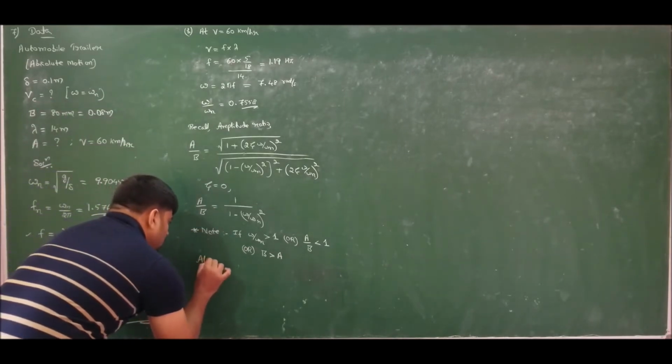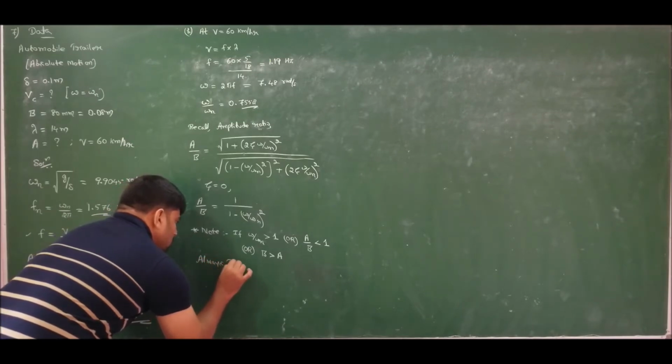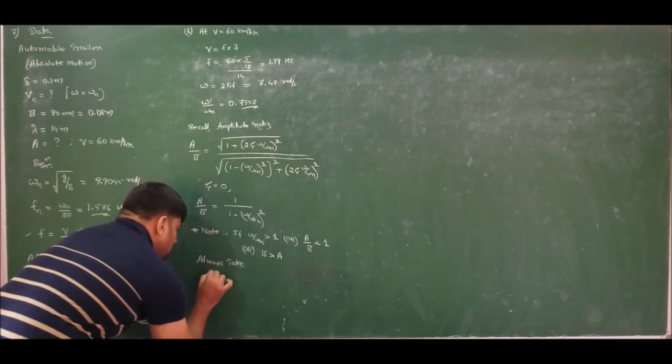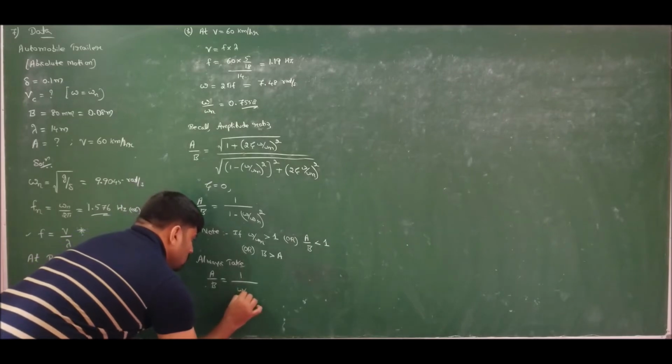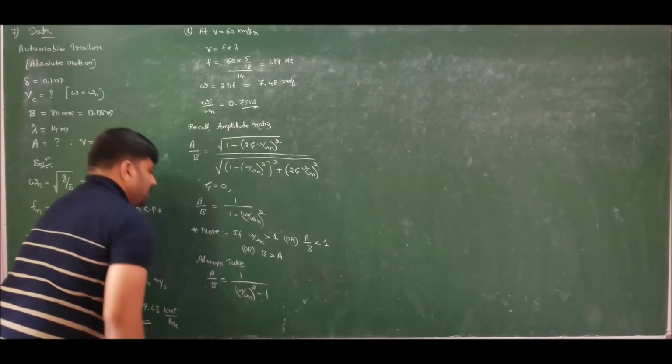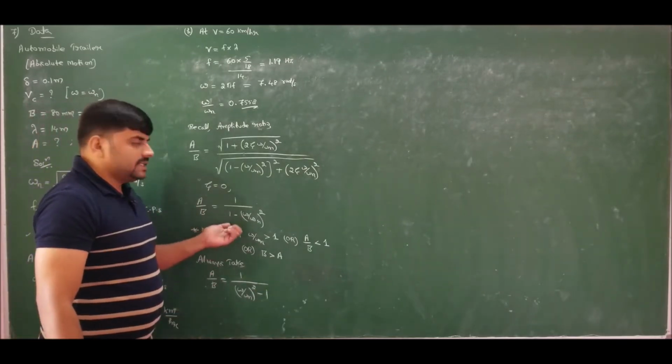Always take, very important note, always take the A by B ratio as 1 divided by omega by omega n whole square minus 1. Kindly consider it like this. This is because otherwise you will get negative answers.